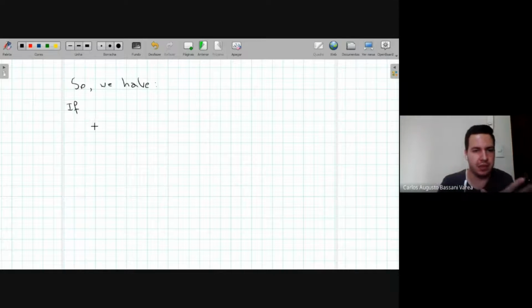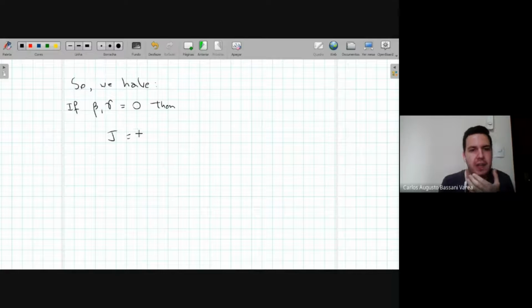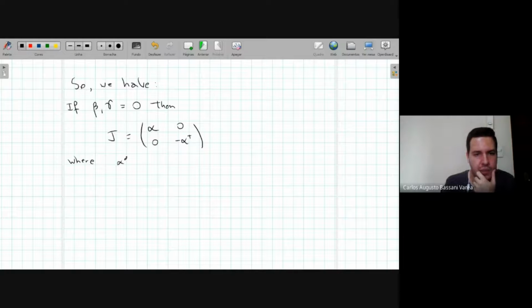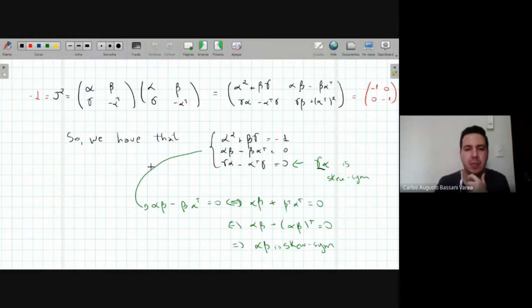I will not enter into this detail here, but if beta and gamma are 0, then the expression of J is just alpha, 0, 0, and minus alpha transposed, where alpha squared is minus 1. Minus 1 because when beta and gamma are 0, from this expression we obtain that alpha squared is minus 1.